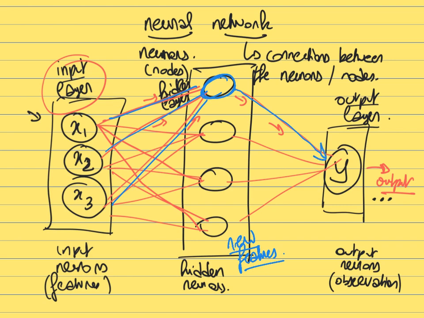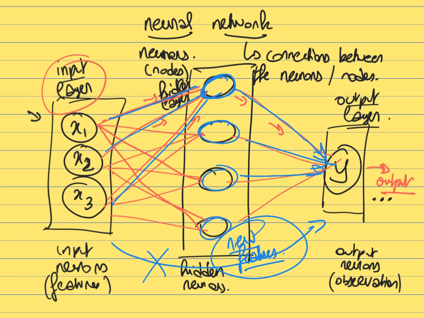So rather than directly going from the input to the output, it's going to first combine the inputs together, creating some new features, some combination, some mathematical transformation of the initial features, and then use those new features to predict the output.